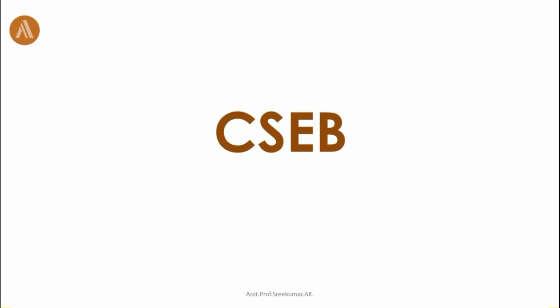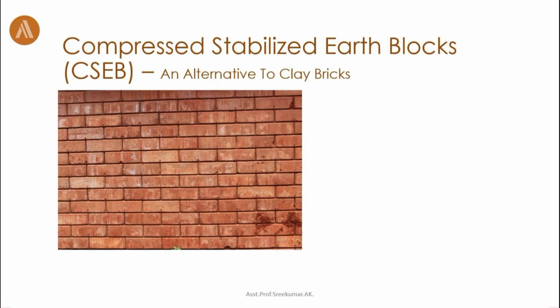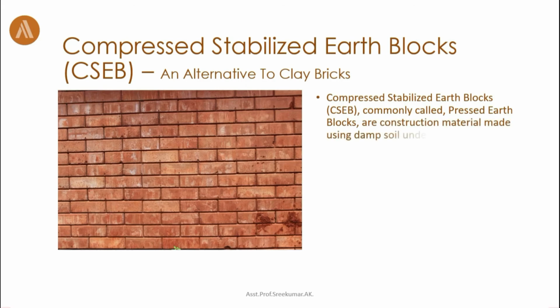Now let's move on to the next system of mud construction. It's compressed stabilized earth blocks. So compressed stabilized earth blocks, CSEB, commonly called pressed earth blocks, are a construction material made using damp soil under high amount of pressure to form blocks.